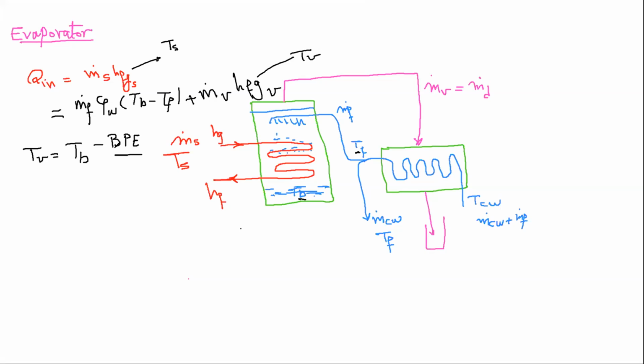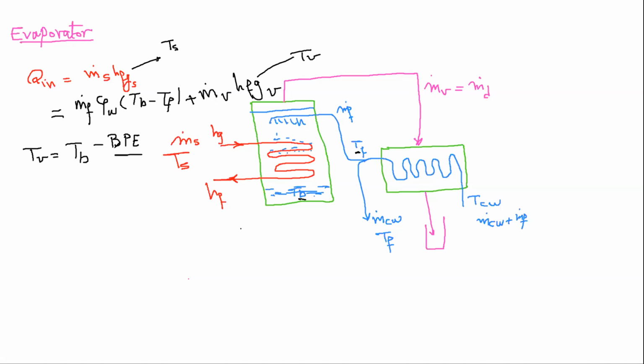And in that part, he will be given a correlation, and this correlation is also in the appendix that you can use to calculate the boiling point elevation. To make things more and more easy, the boiling point elevation is a built-in function in the EES, Engineering Equation Solver.